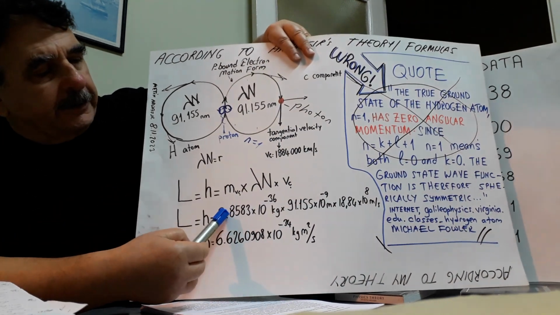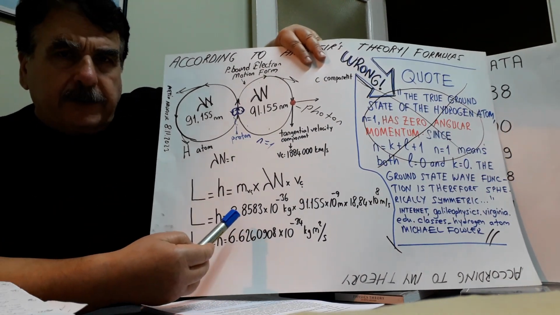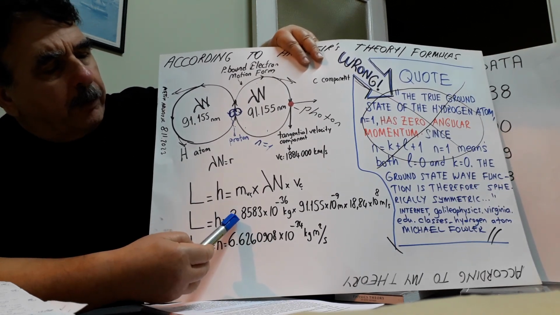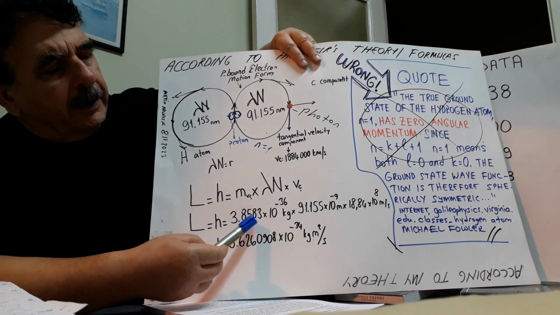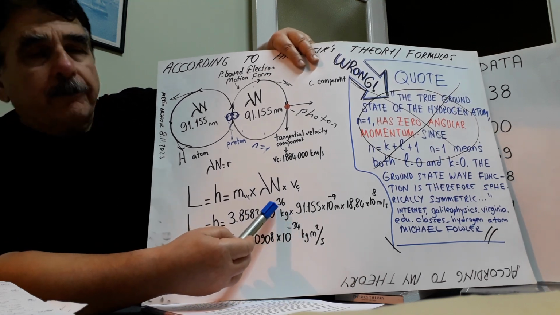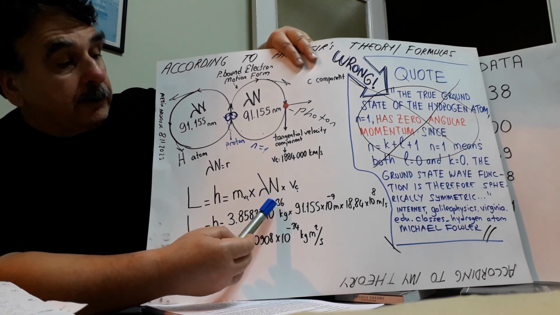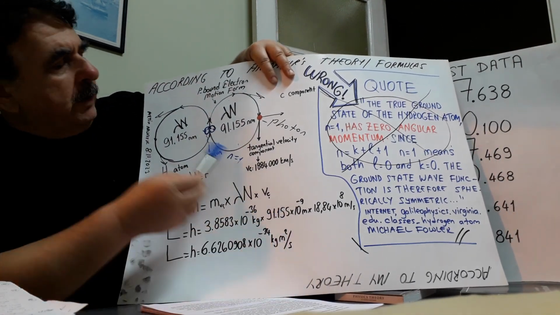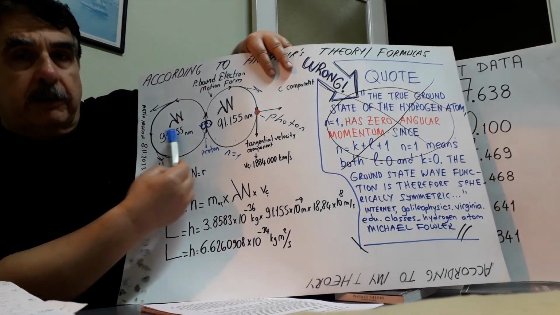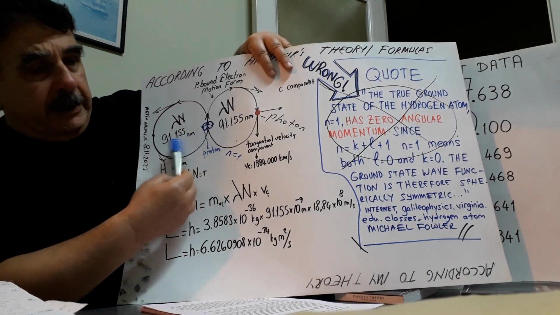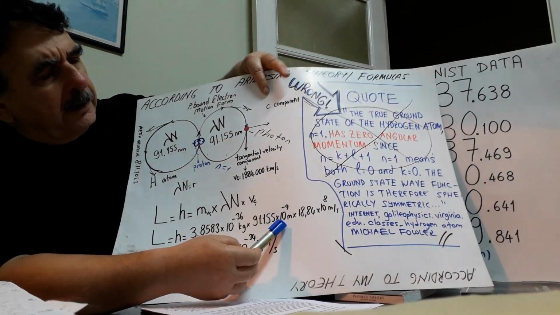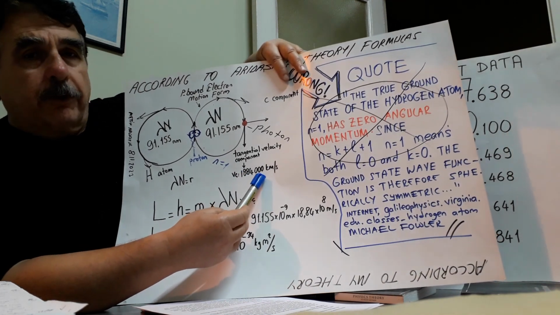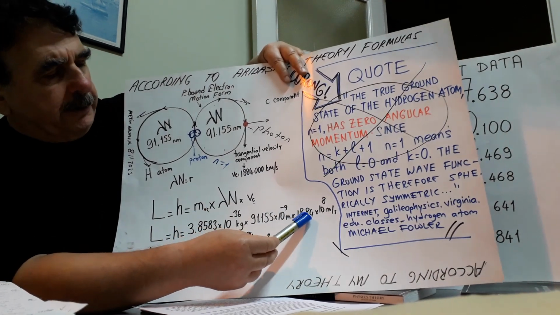The photon's mass, according to me, I have computed as 3.858 times 10 to the minus 36 kilogram, multiplied by the 91.155 nanometer wavelength size or radius, multiplied by 1,884,000 kilometers per second.